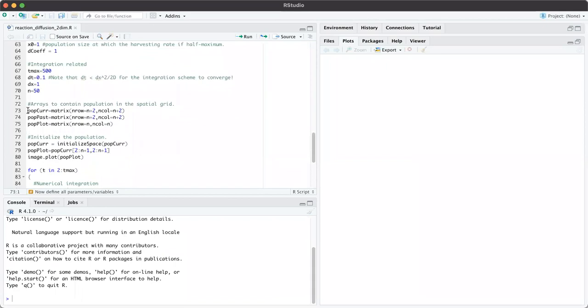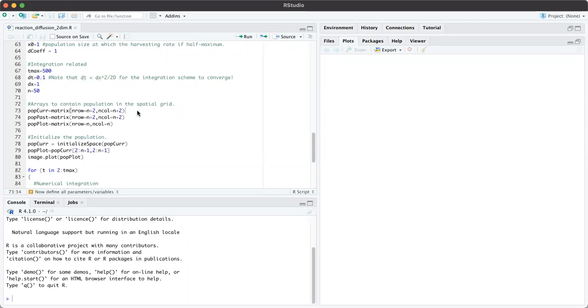Current population is a matrix. It's an n plus 2 by n plus 2 matrix. Why have I chosen an n plus 2 by n plus 2 matrix instead of n by n? Does anyone know? Does anyone understand this? The reason is that we are interested in the n by n matrix, but I have added extra rows and columns across.